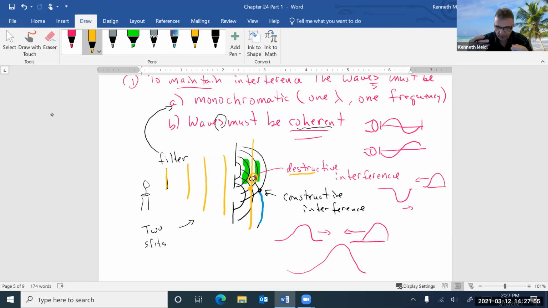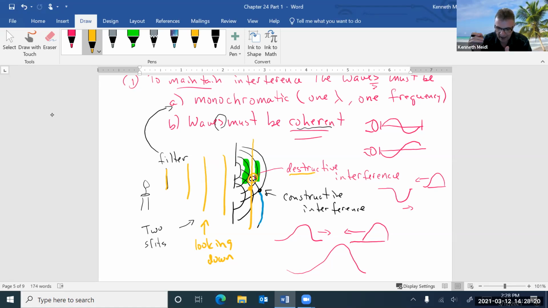And so here we're looking down on the experiment, right? So we have a little candle, we're looking down on it, and we can see the tops of the waves here, right? And we're looking down on these two little openings, the two little slits, and then the waves go through here.